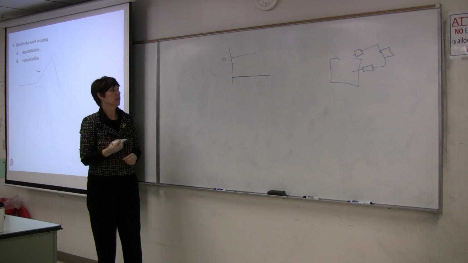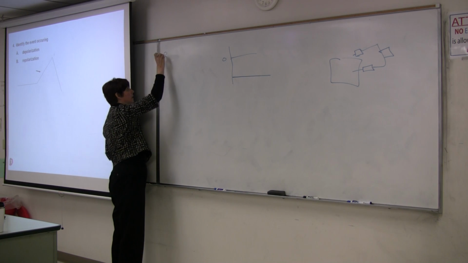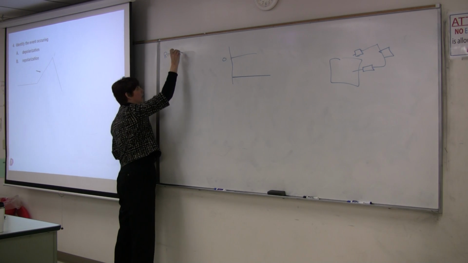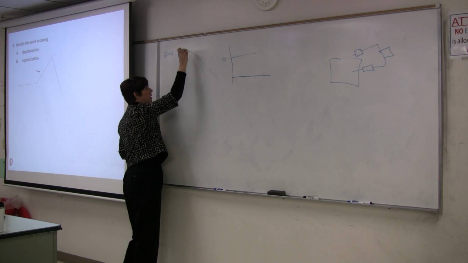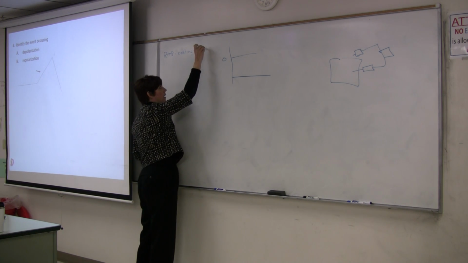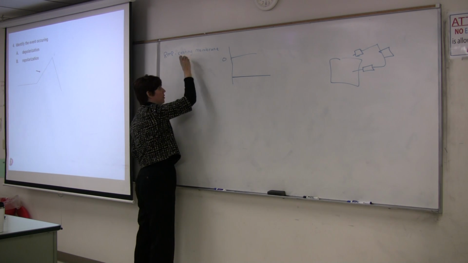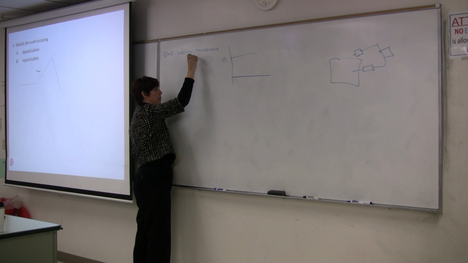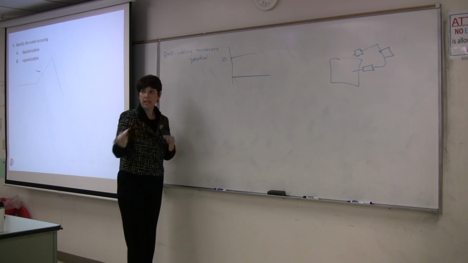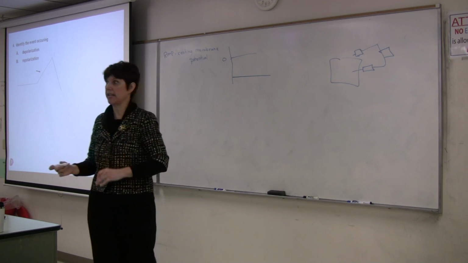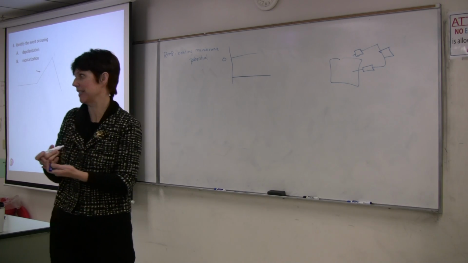All right, so a membrane potential is the relationship between the positive ions just inside the cell membrane and just outside.